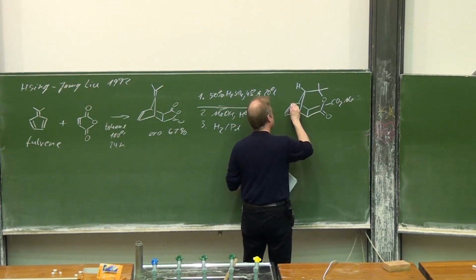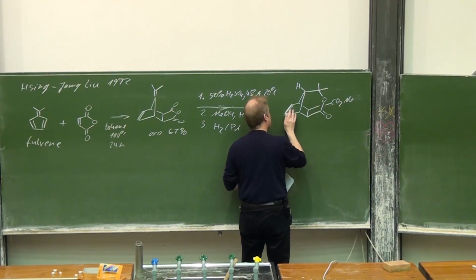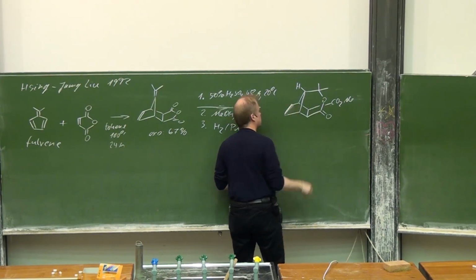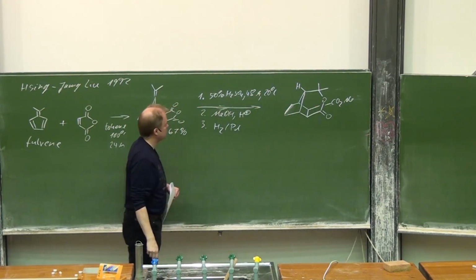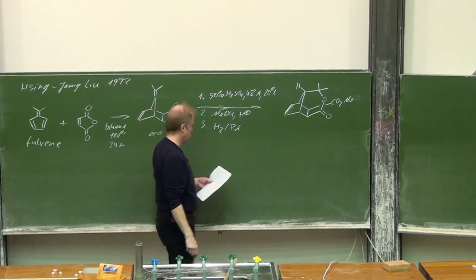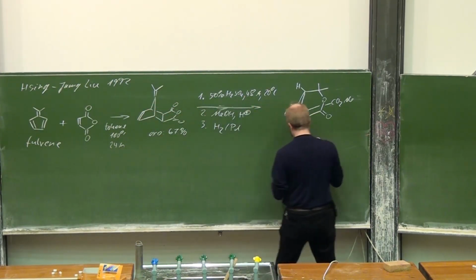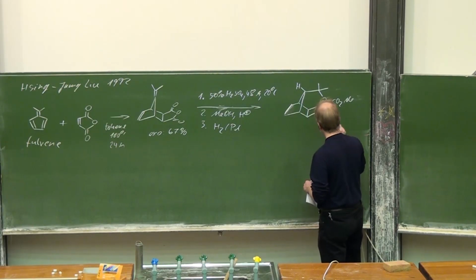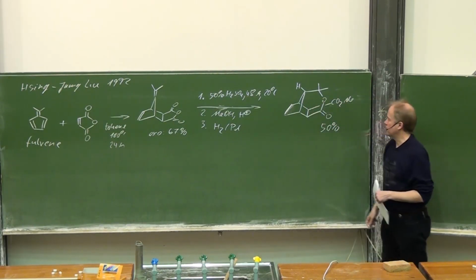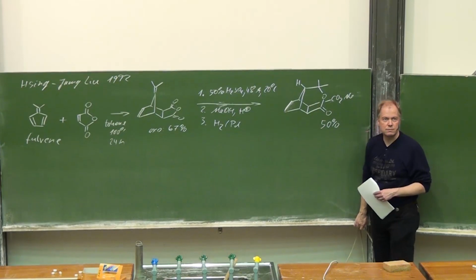Let's wipe out that double bond. Therefore, this is hydrogenated. Overall yield through these 3 steps is 50%. Not bad.